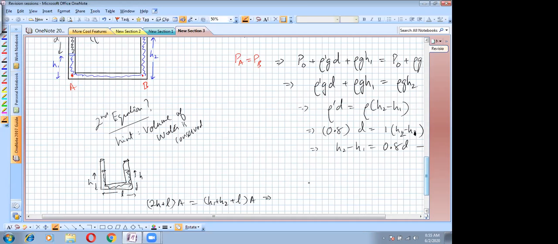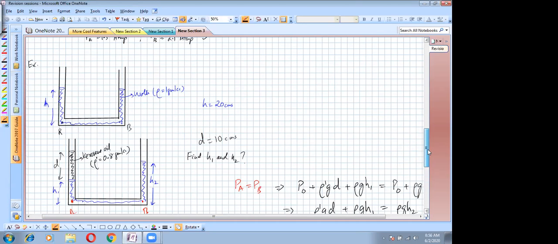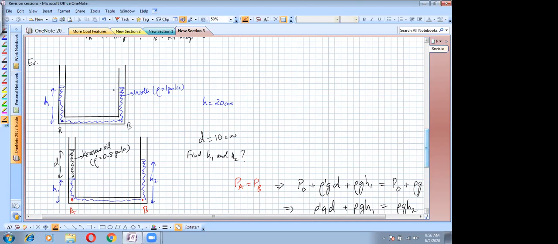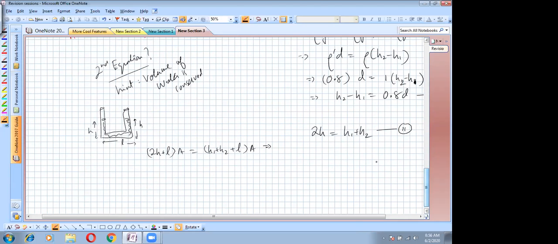So this equation becomes 2h is equal to h1 plus h2. L cancels on both sides. So that becomes your second equation. So this height plus this length should be equal to h1 plus this length plus h2. Okay, so that means h1 plus h2 should remain equal to this height plus this height, twice of this. So that's what this equation is. h1 plus h2 is equal to 2h.